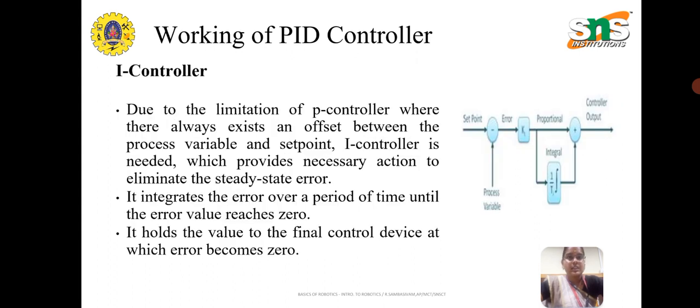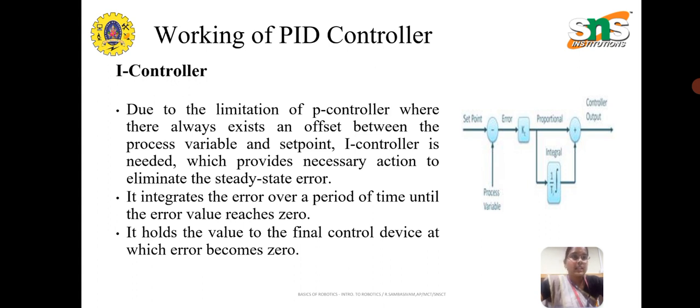Next we discuss the I controller. Due to the limitation of the P controller, where there always exists an offset between the process variable and the set point, the I controller is needed, which provides the necessary action to eliminate the steady state error.